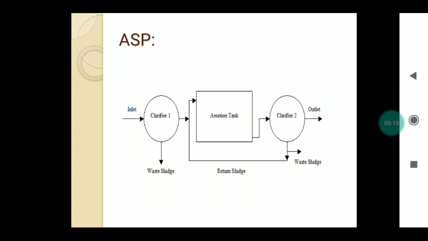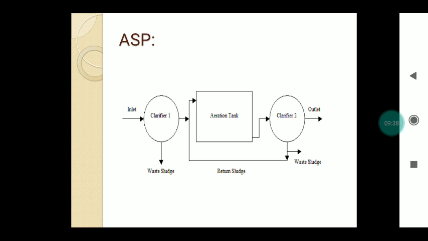This is the actual construction of the ASP, in which from the inlet the sewage enters the first clarifier, that is the primary settling tank, and further passes to the aeration tank, where the sewage is fully aerated and the rate of biological activity increases.